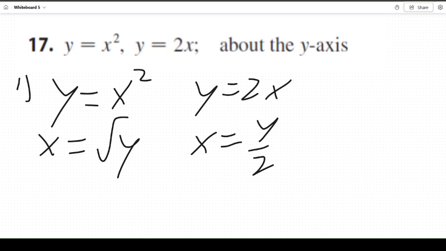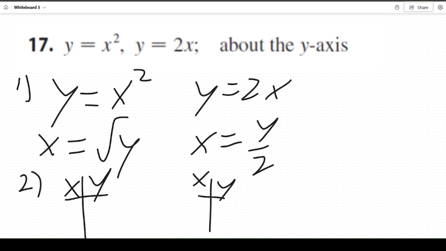And it's very simple, guys. Now we have to do our other steps. We have to make a t-chart in order to find which would be the outer radius and which would be the inner radius.